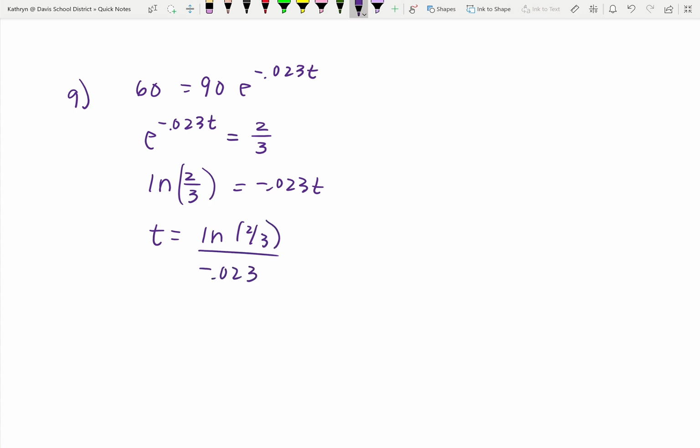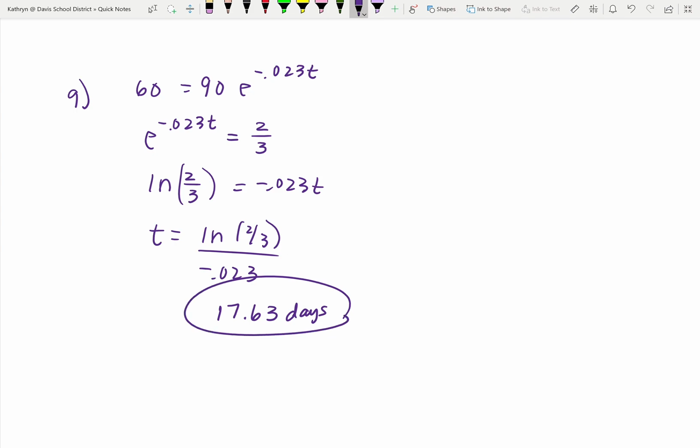You never want to round anything until the very end, and that's only if they ask you to. So it's ln of 2 divided by 3, close it off, divided by negative 0.023, hit enter, and they want it to 2 digits, so it's 17.63, and this is time, so this would be days. Okay, now let's check it.